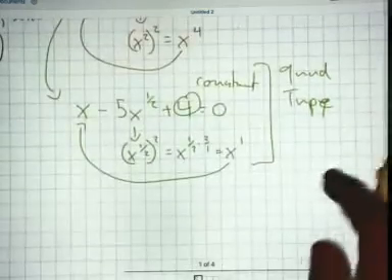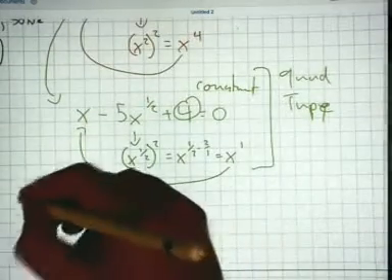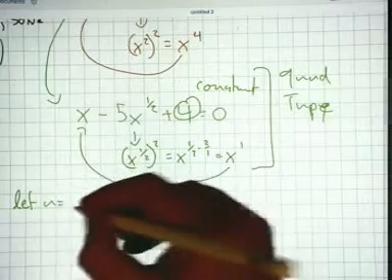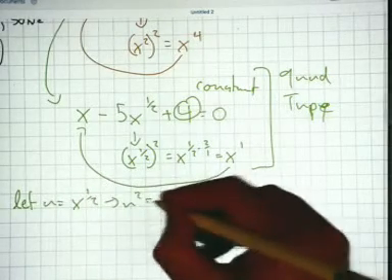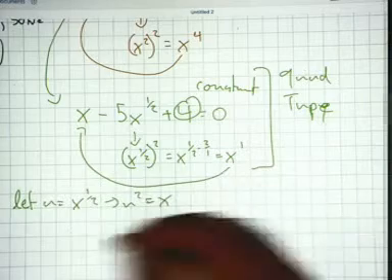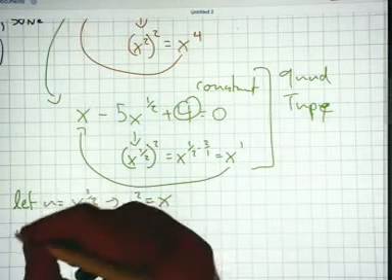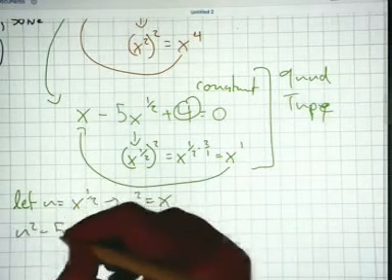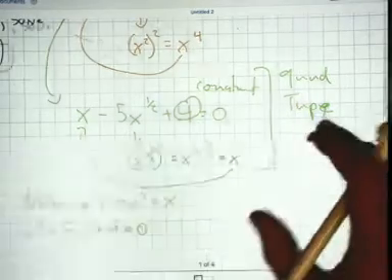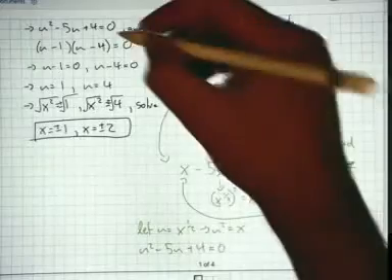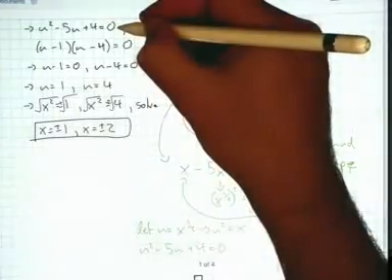So how would I solve this? I would say, well, let u be equal to x to the 1/2. Then u squared is going to be x. Then I have u squared minus 5u plus 4 equals 0, which is the exact same thing that I had up here.